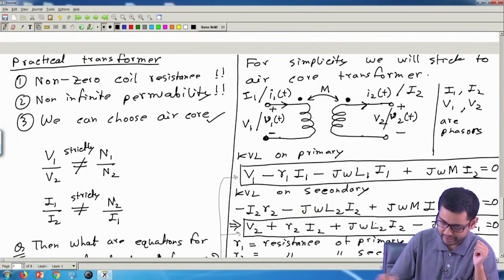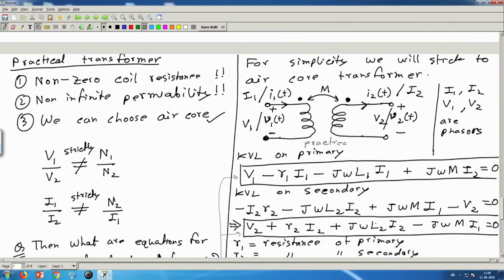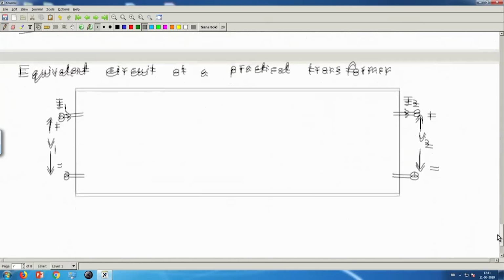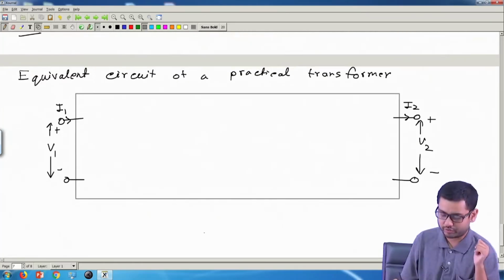So this is the practical transformer, and you see that the currents I1, I2 and voltages V1, V2, note their directions. I have chosen similar directions for all of them.